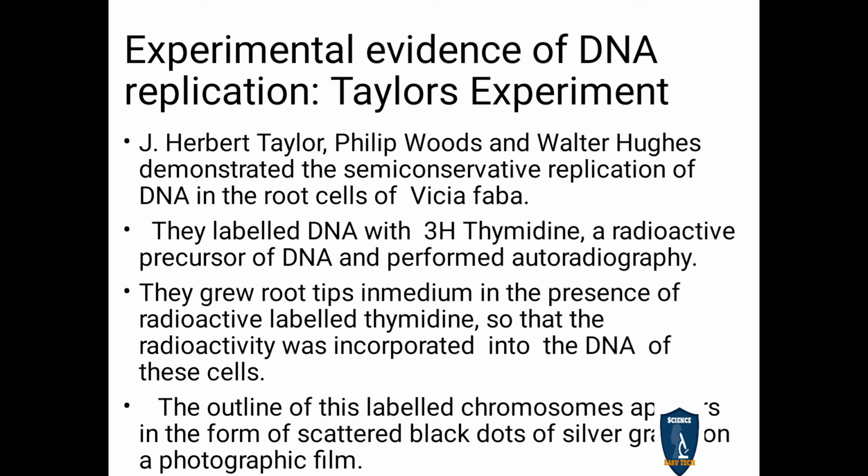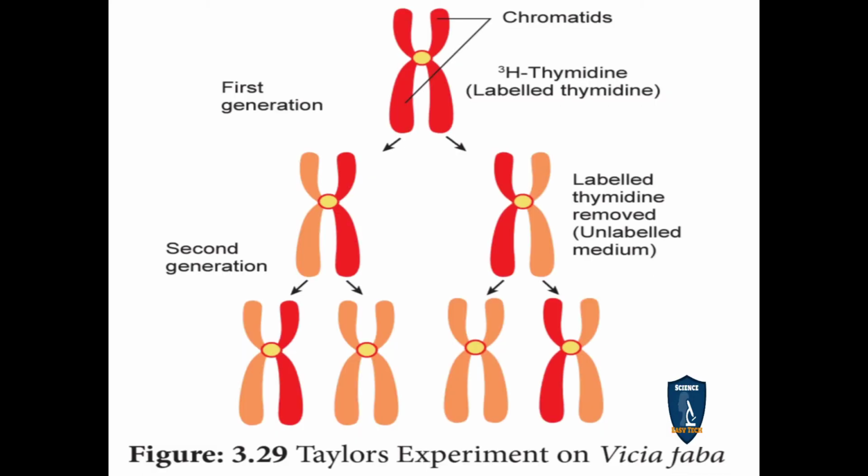The labeled chromosome forms scattered black dots, that is due to the film absorbing the radioactivity. In the film strip they found the thymidine particles. You can see here in the diagram the first generation. The root tips are treated with thymidine.